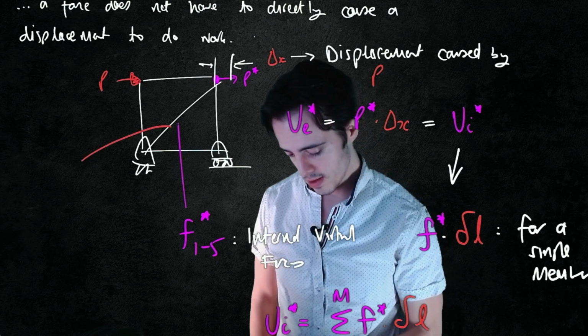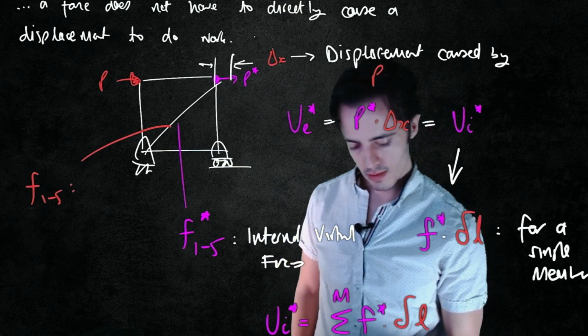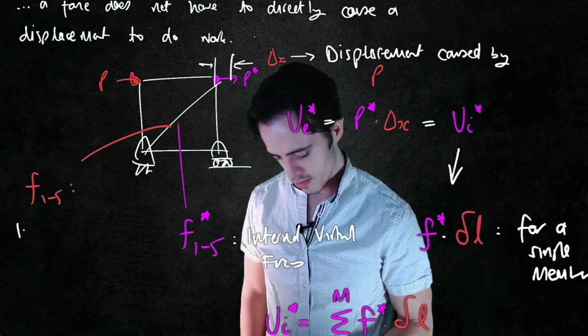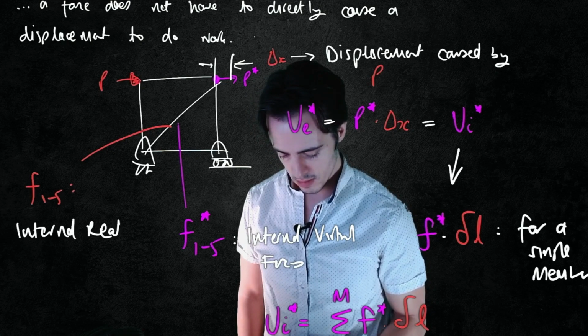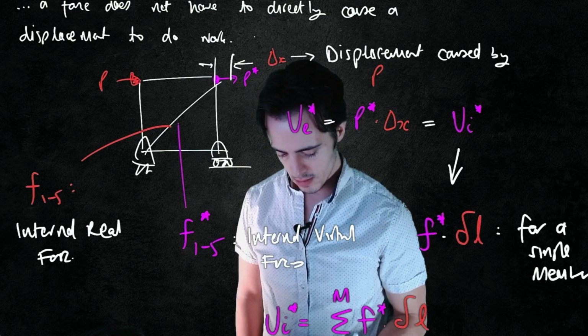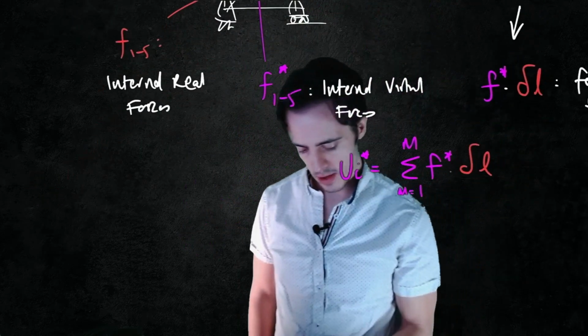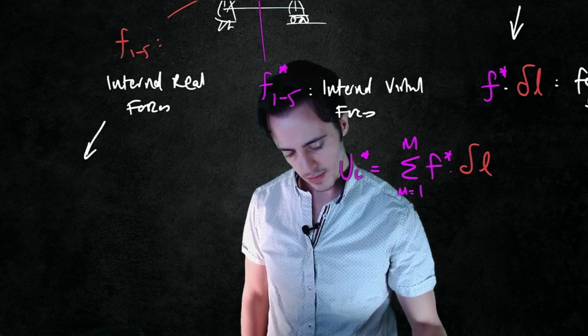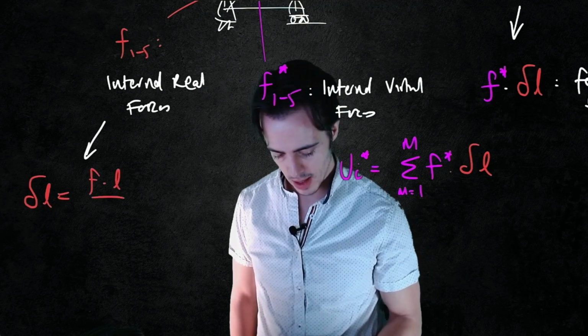We'd also have 5 internal real forces. And it's from these ones here that we can determine the real extension. So this gives us delta L is equal to F multiplied by L on EA.